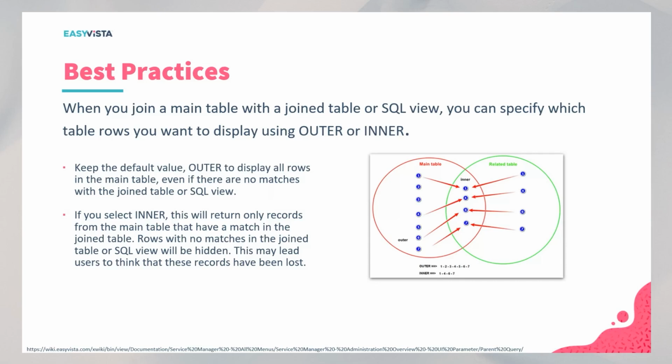Now, this is very key. We default to an outer join because it displays all rows from the main table, even if there are no matches with the join table or SQL view. If you select inner join, it could affect the number of records that parent query was pulling back.